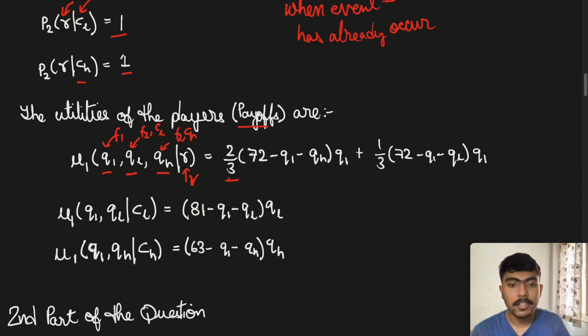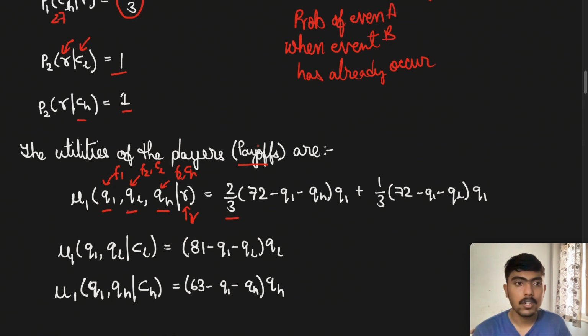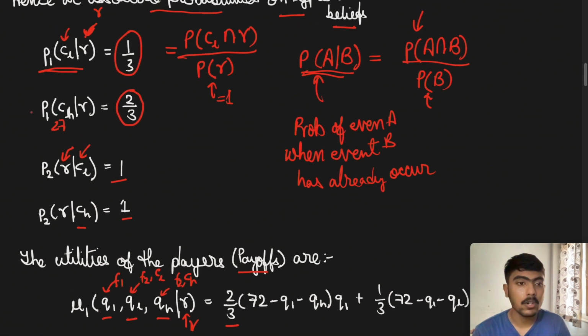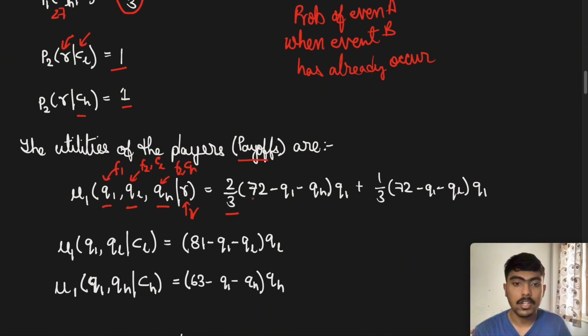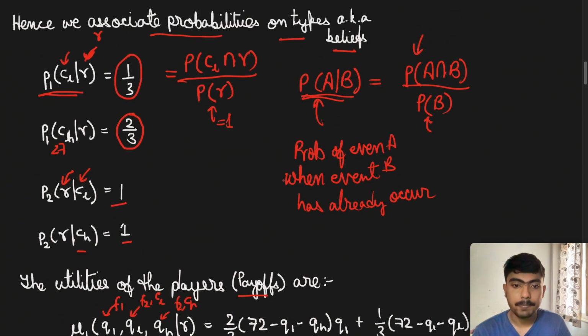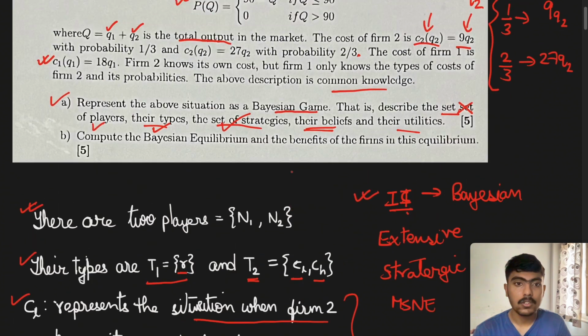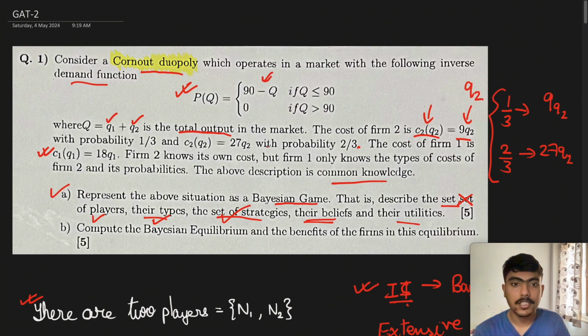So with 2 by 3rd of the probability, since 2 by 3rd is when player 2 is playing the CH cost. So according to that, we will have 2 by 3, 72 minus Q1 minus QH into Q1. If we see from where it came, let's go back. So in the question we had 90 minus Q, right?